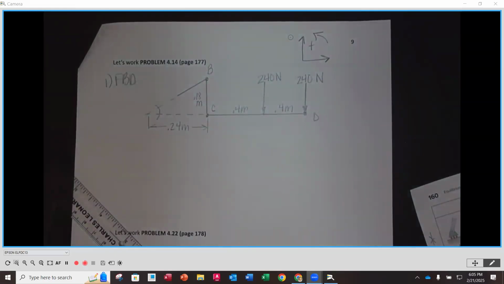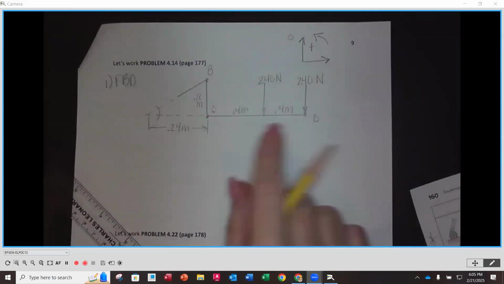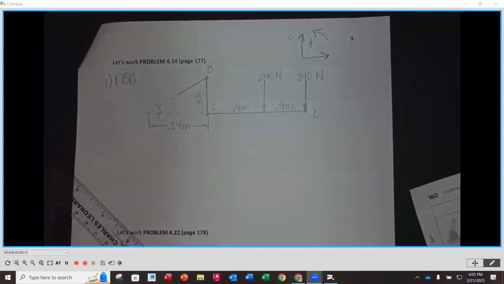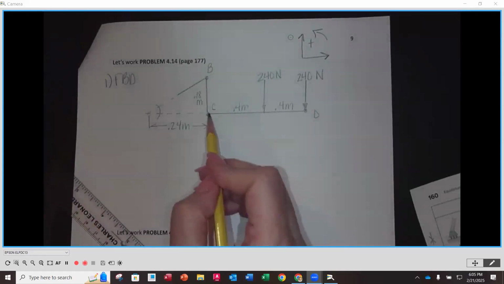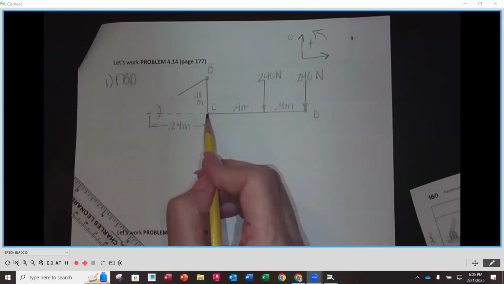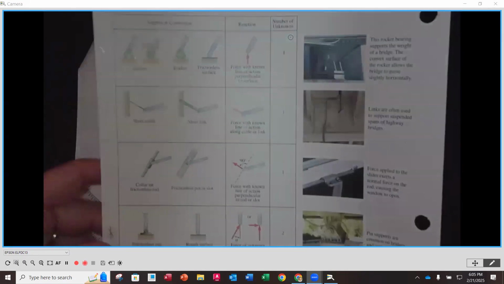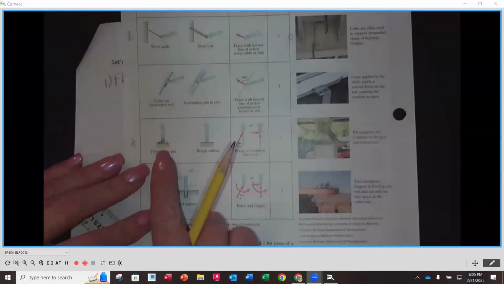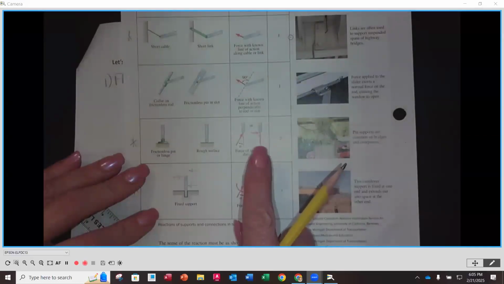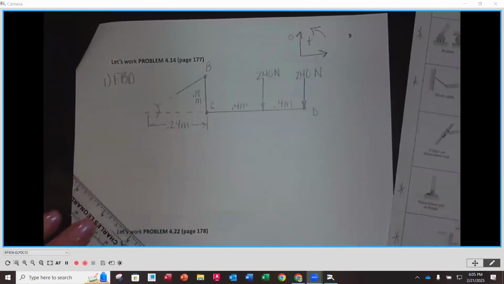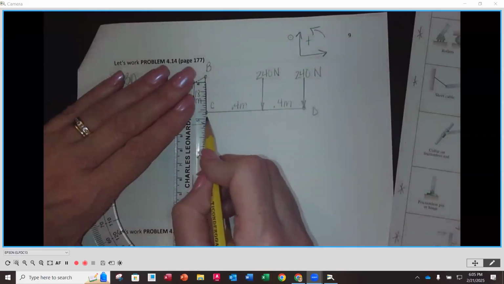Let's talk about the supports now. So we've got our applied loads on, we have our points, we have our dimensions. Let's talk about our supports. At C here, this is a hinge or a pin connection. So if we go back to page 160, that is going to be like down here. So we're going to have an X and a Y reaction at C. So let's put those in.